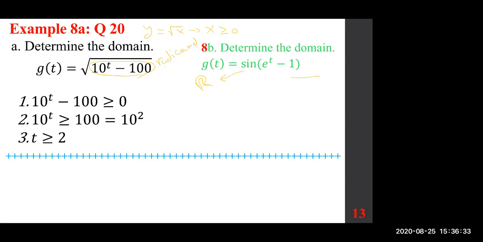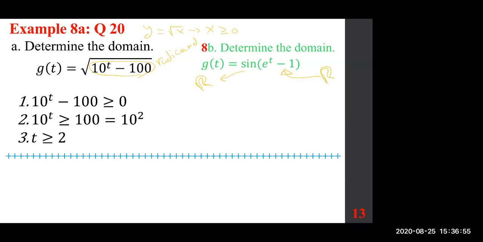And then inside, now you're going to look at the restriction on inside, because the inside might give you a restriction. But if you recall, exponential functions, e to the power of x, don't have any restriction. So the domain for the inside is also all real numbers. So the sine doesn't give you any restrictions.